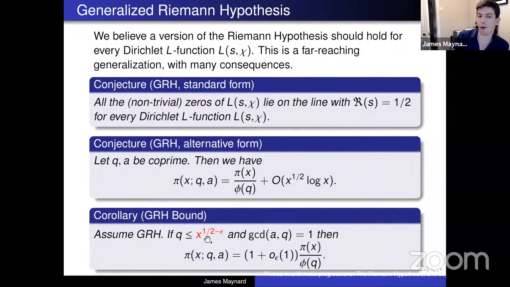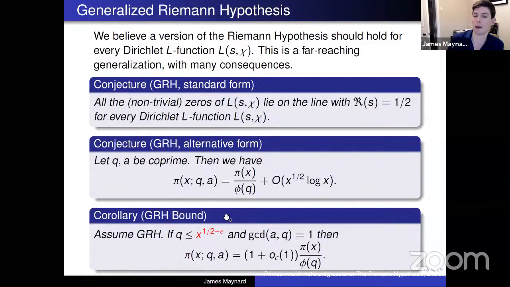So if you remember before, unconditionally, we had that the primes were equidistributed in arithmetic progressions, but only in a very restrictive range of q being less than or equal to log x to the power 100 or log x to the power 1000. But here, if you assume the generalized Riemann hypothesis, you're allowing q to be much bigger, and q can be almost as large as the square root of x.